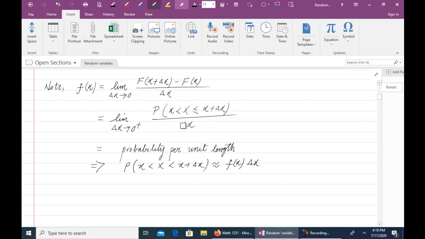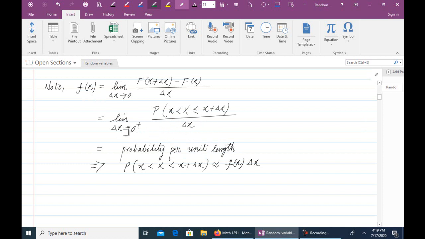So if you look at this limit, you see that one way to interpret this PDF function is that it is the probability per unit length, so the probability per unit change in x.